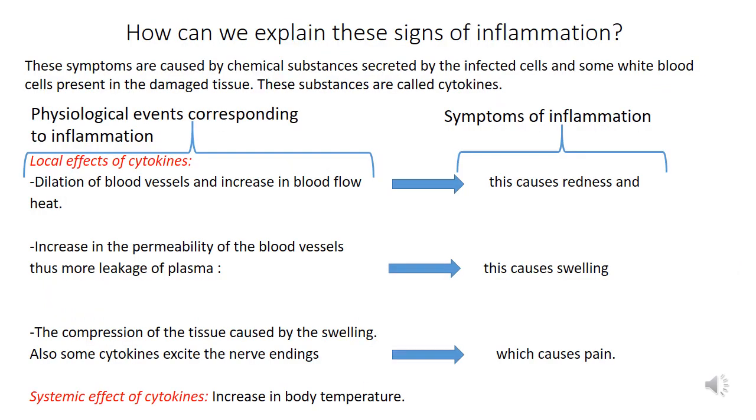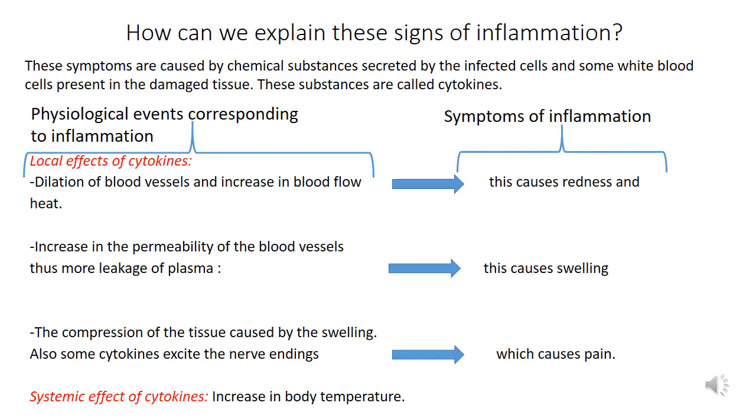Okay, we said that after infection, there is inflammation, and the main signs of inflammation are redness and heat, pain, and edema. How can we explain these signs of inflammation? Let's relate the physiological events that occur during inflammation and the signs of inflammation.